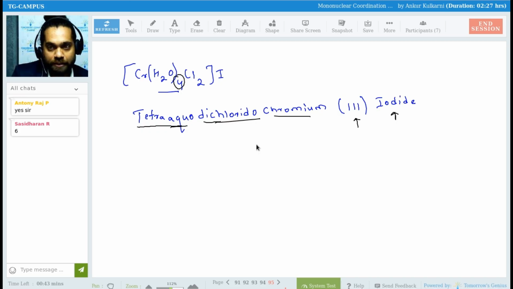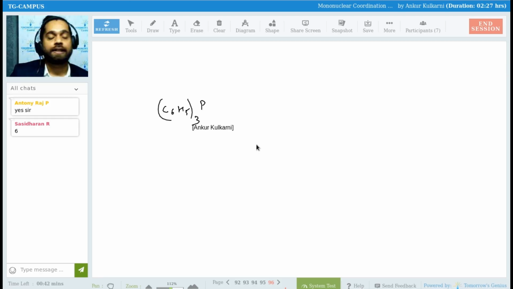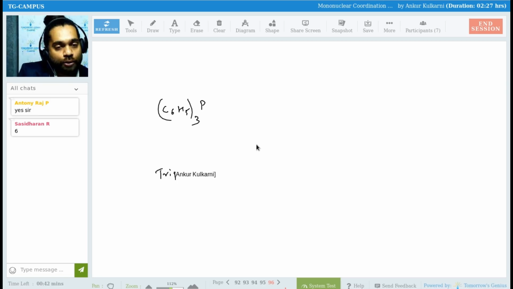Okay, suppose I have a ligand like, first of all, what is this ligand? First, let us talk about this ligand itself. PC6H5 3. Okay, what is this ligand? Anyone? I'll only tell you now. Wait, this is called triphenylphosphine. What do we call it?